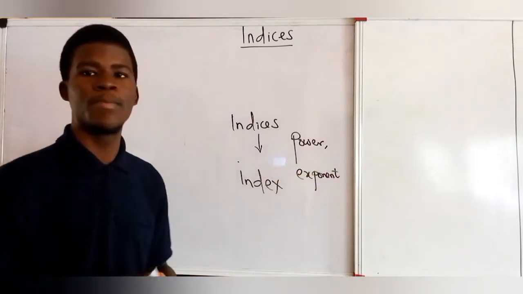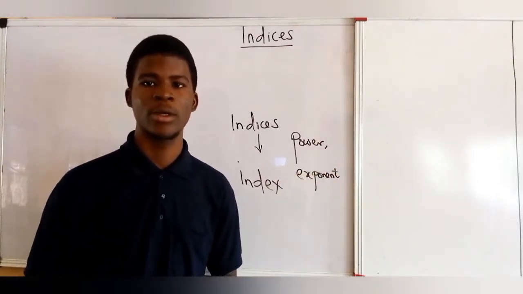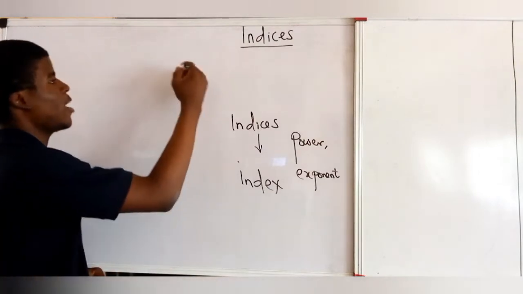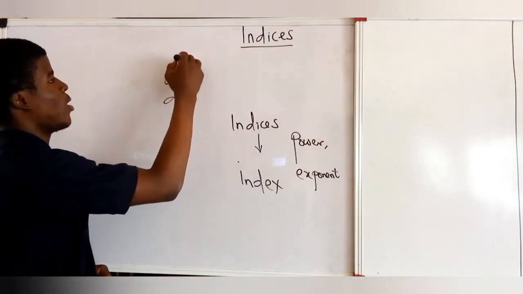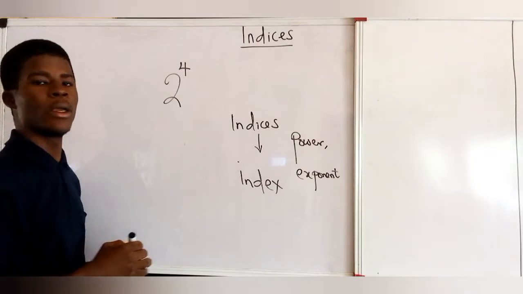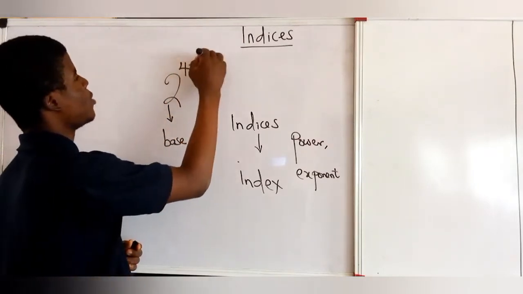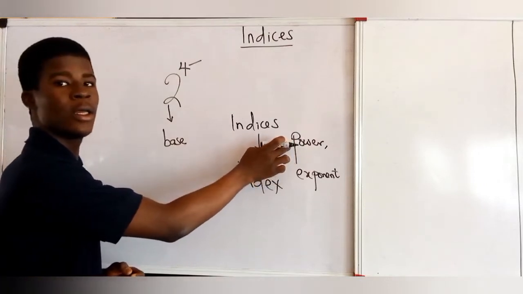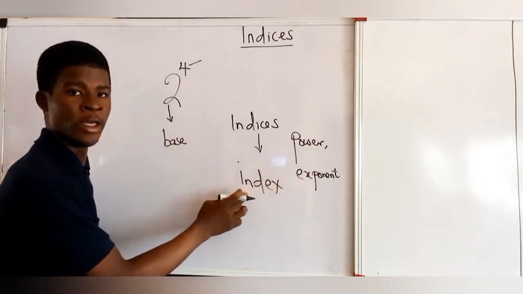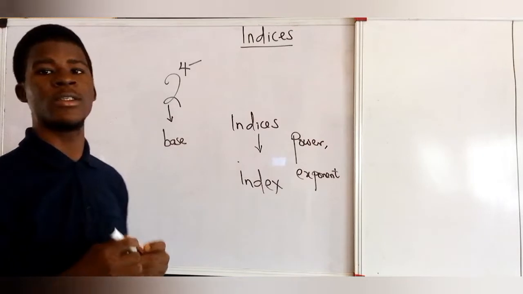For example, I have 2 raised to the power 4. 2 here is the base, and 4 here is either the power, the exponent, or the index. So this is what indices is.